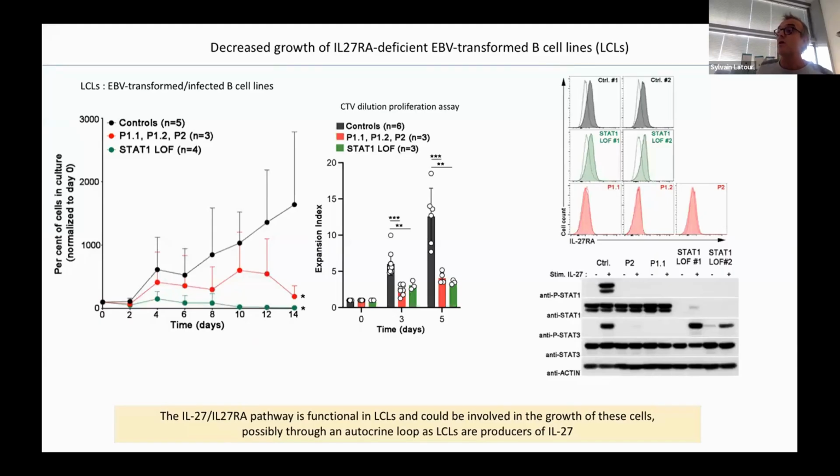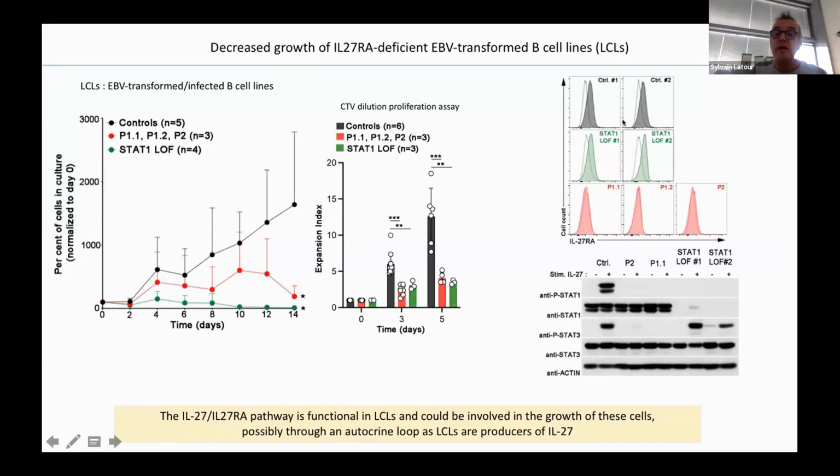We also observed in the course of these experiments that EBV-transformed B cell lines obtained from patients have decreased growth compared to control EBV-transformed B cell lines. As you can see here, these cells in red, this is the cell from the patient, they grow slowly and they proliferate slowly compared to control.